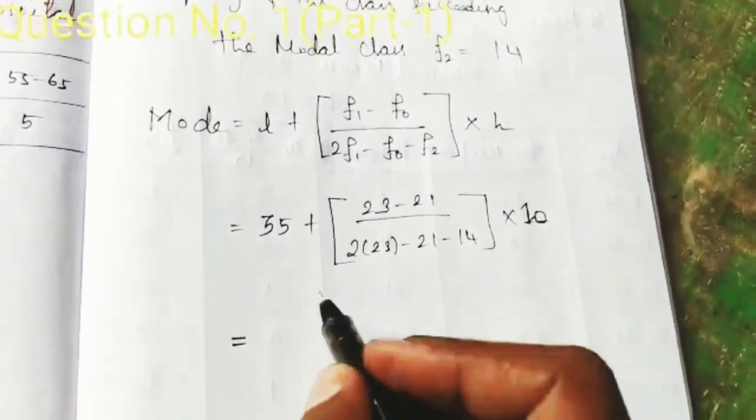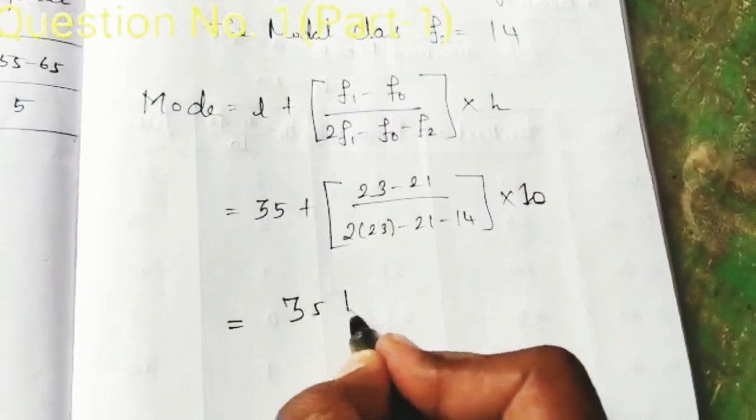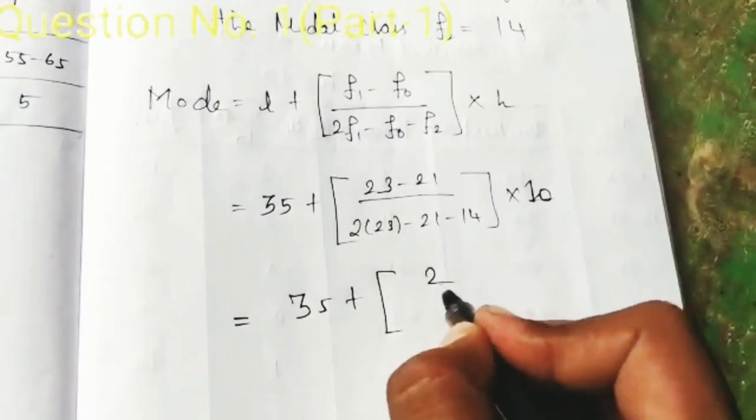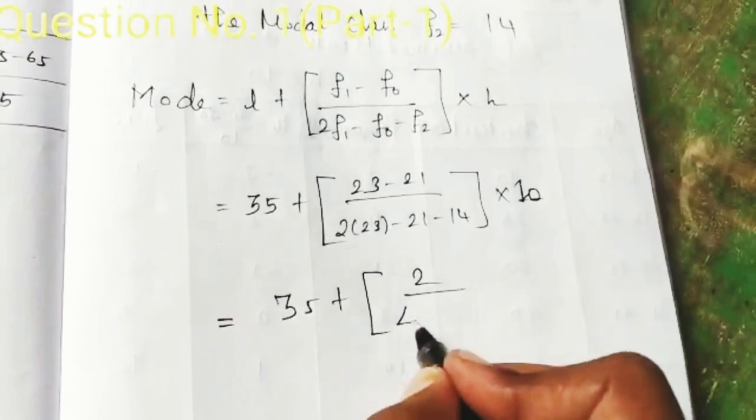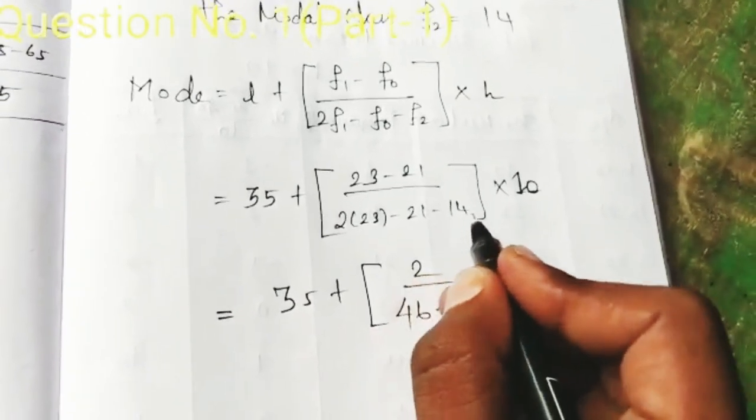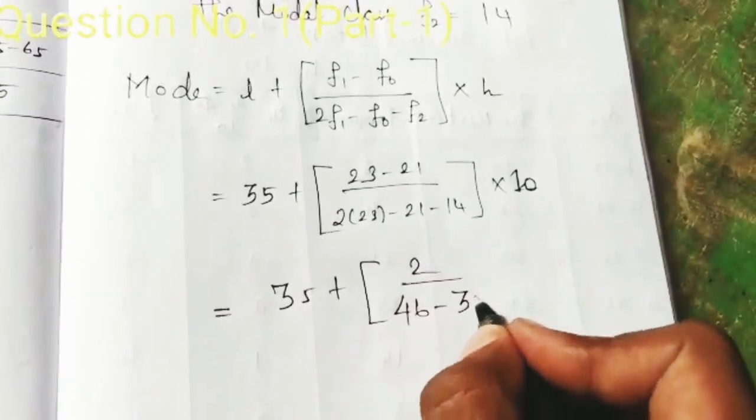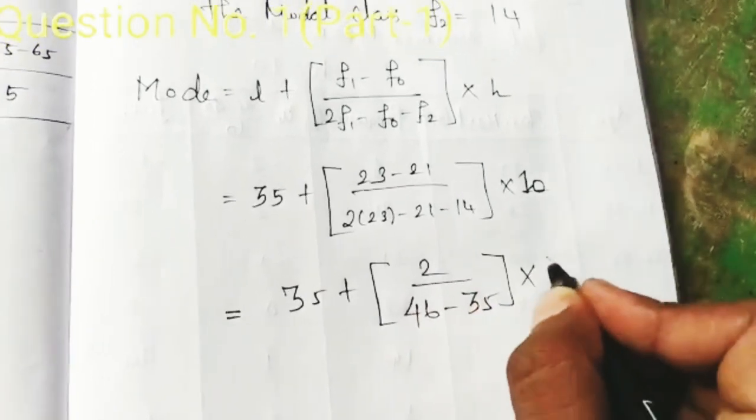So let's simplify. 35 plus 23 minus 21, divided by 2 times 23, which is 46, minus 21 minus 14, multiplied by H, which is 10.